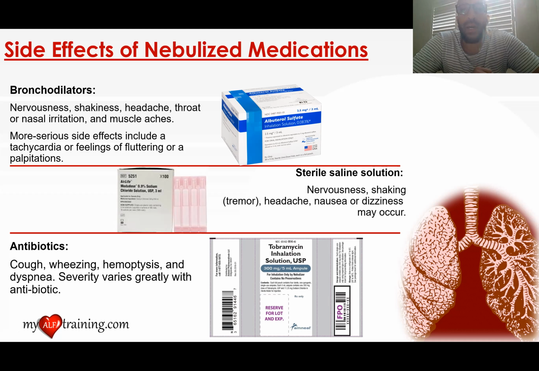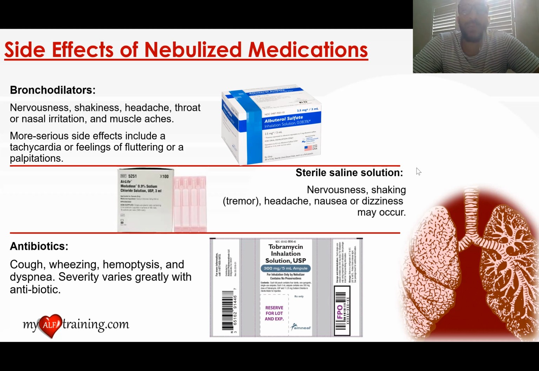So, next would be sterile saline solution. What are some side effects to sterile saline? Well, similar side effects to bronchodilators. We can expect nervousness, shaking, headache, but also nausea or dizziness may occur.